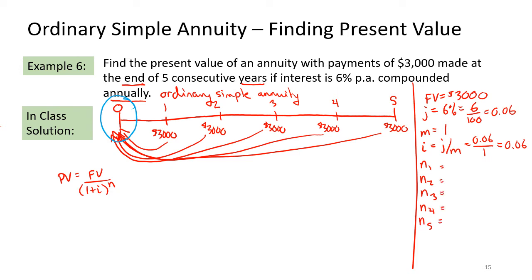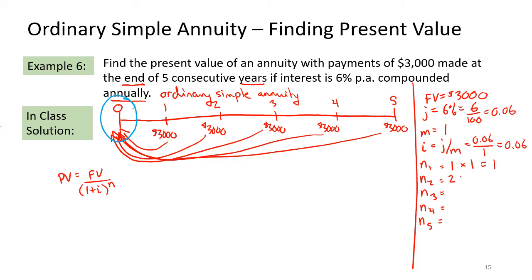And these numbers, just like in the past, correspond with the numbers for each year. So for N1, it's 1 year in the future, and we only have 1 compounding period per year because it's annually, so that's 1.